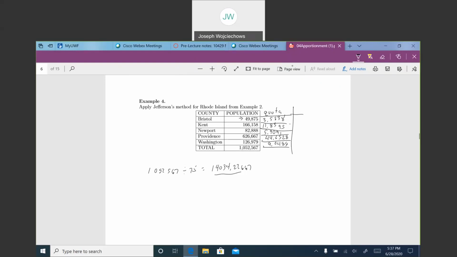So dropping the decimals, I have for lower quotas 3, 11, 5, 44, and 9, and that gives me 72.